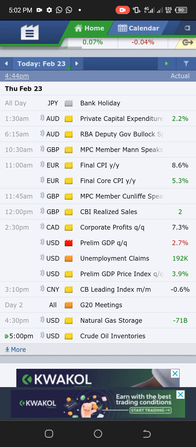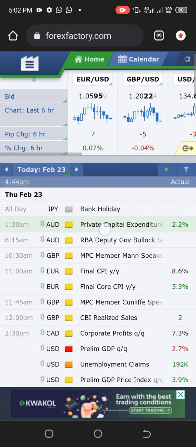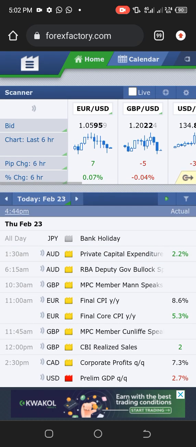You can see the JPY, the Australian dollars, the pound sterling, the euro, the Canadian dollars, the USD, the Chinese yen. So you can see a whole lot of currencies here.